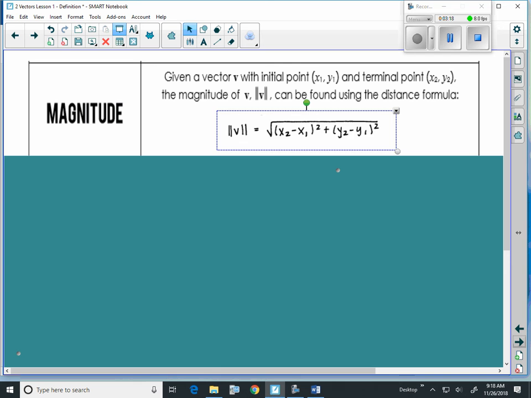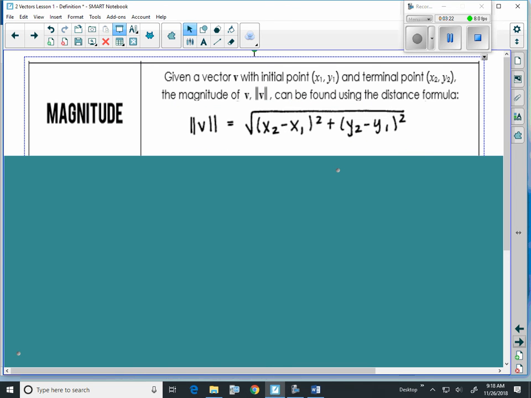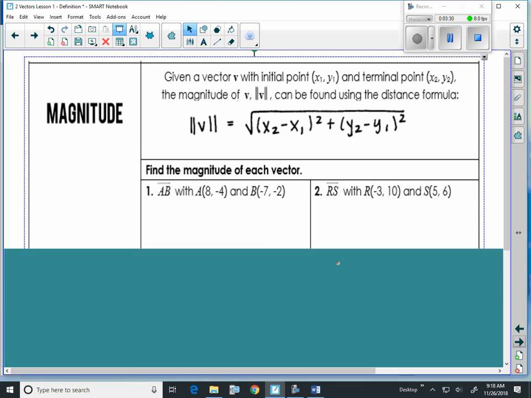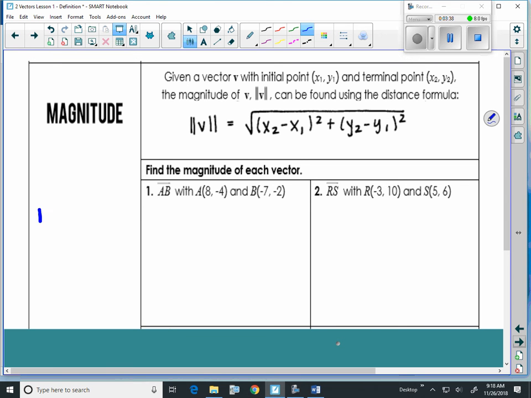See if I can make that a little bit bigger for you. Okay. So we're going to find the magnitude. And here's how we do it. We say the magnitude of AB, so double sticks and then our AB.